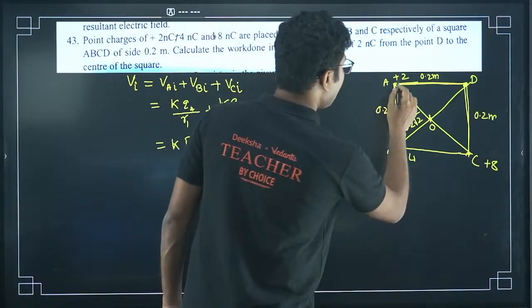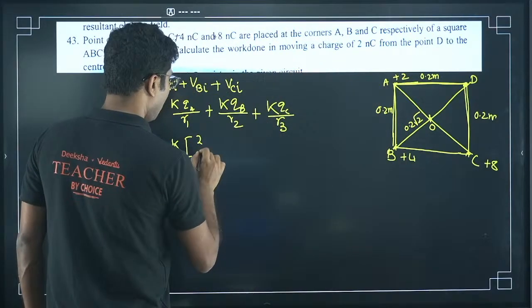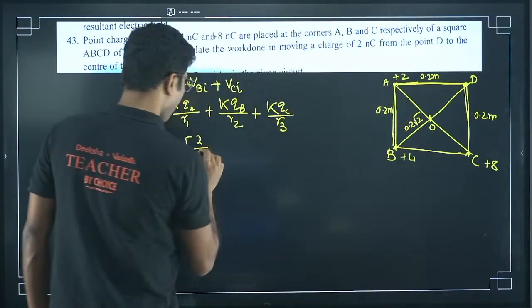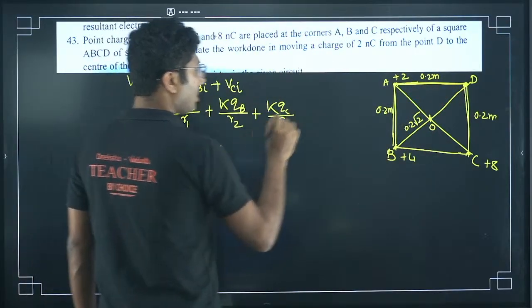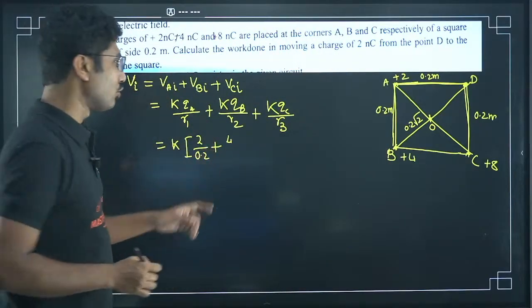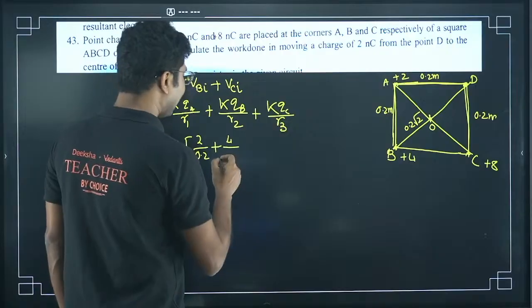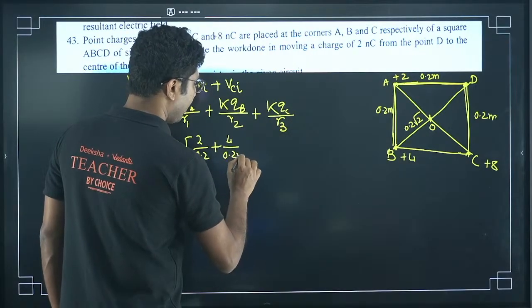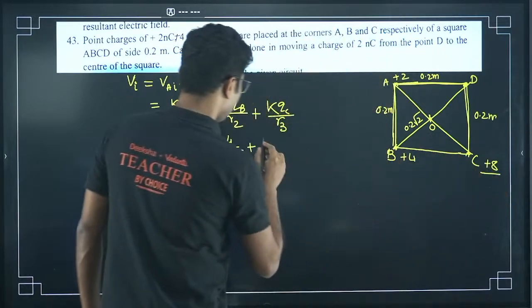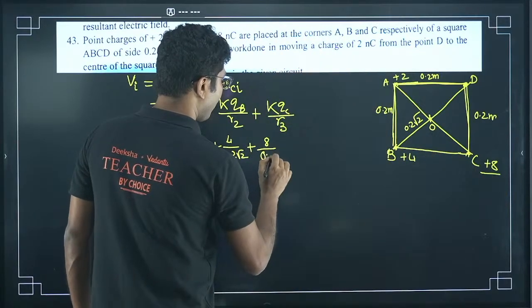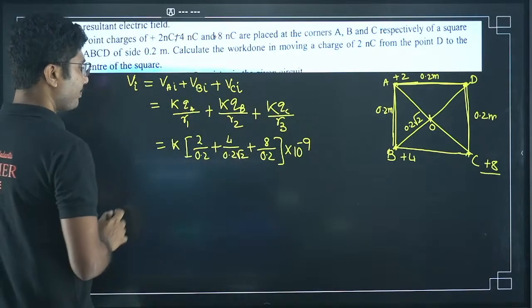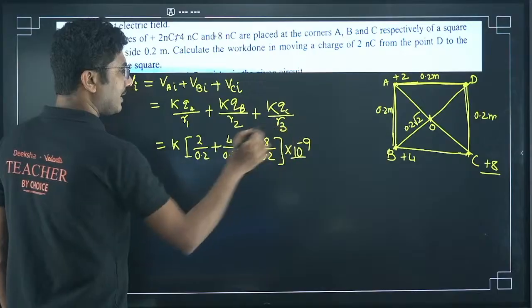Q_A is 2 nanocoulomb, 2 divided by the distance from this charge, which is 0.2, plus Q_B is plus 4. Now, why am I not putting nanocoulomb, 10 to the power of minus 9? We will take that as common. So 0.2 root 2, plus it is 8. So 8 divided by 0.2, and as promised 10 to the power of minus 9 is taken as common. All the charges are nanocoulomb, so that's why it is taken as common.